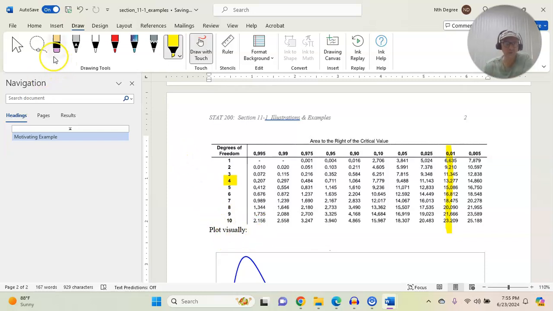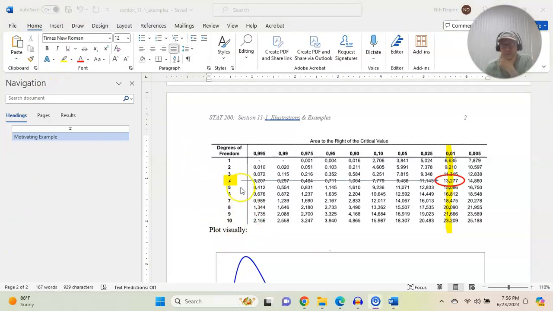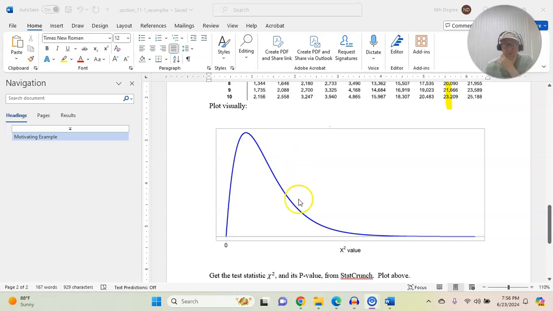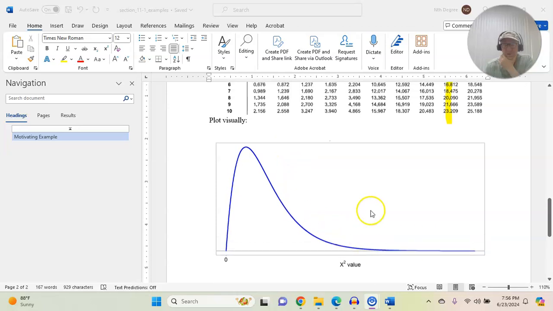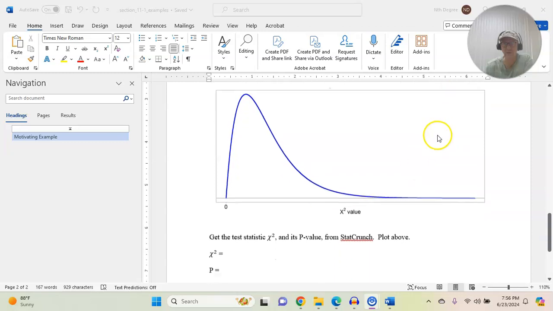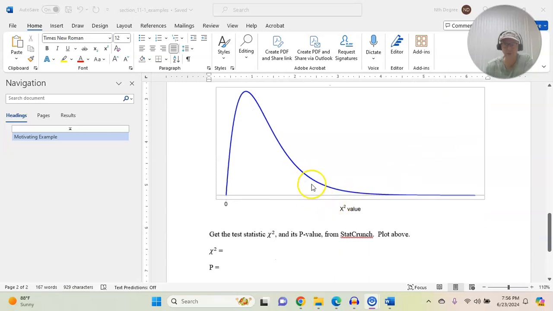Okay, so if we follow that over, we get a critical chi-squared value of 13.277. Plot this visually. So here's a chi-squared curve. We've just found out that a score of 13.277 will cut off a right tail with area of 1%. So it's going to be pretty far out here.